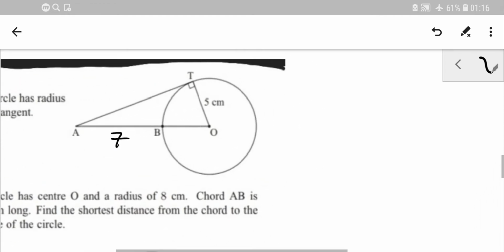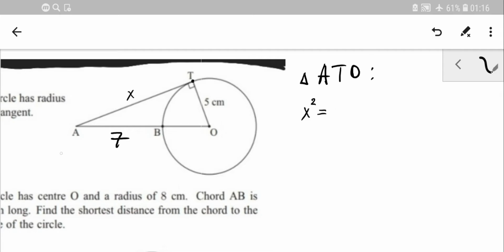Of course, we need to consider Pythagoras through the triangle ATO. It's definitely a right angle because the angle at T is 90 degrees. So in order to complete Pythagoras, this is unknown, the tangent line, so we need to figure out x squared.